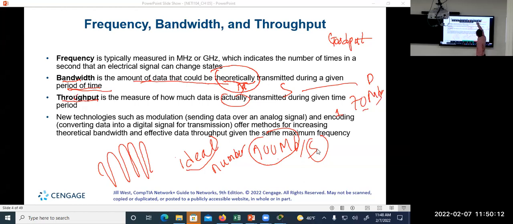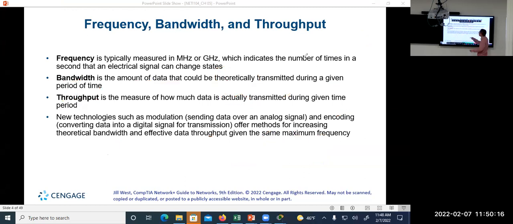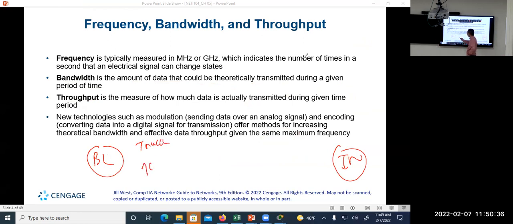Okay, now let's talk about the reason why I never reach the bandwidth. I'll give you a very simple example. Say you are here in Bloomington, and you want to go to Indianapolis. You have a truck here, and the truck can carry 1,000 apples.